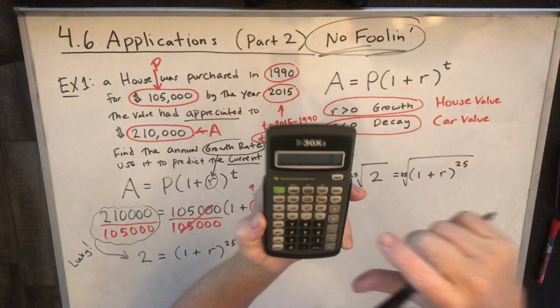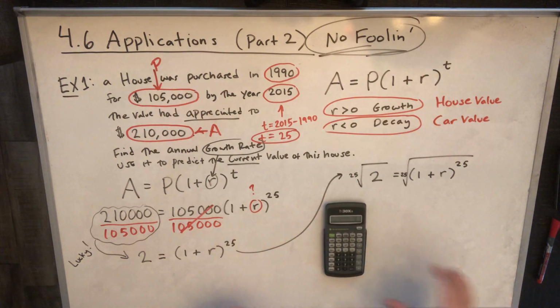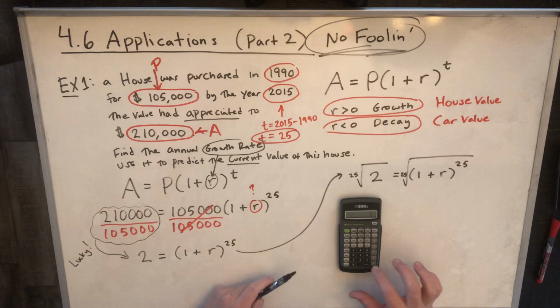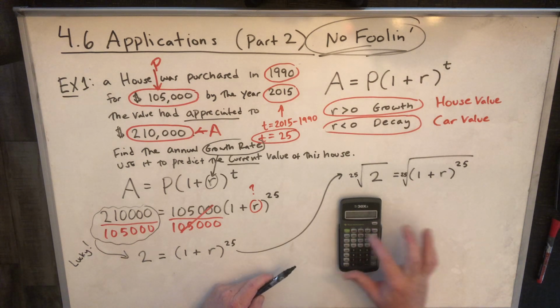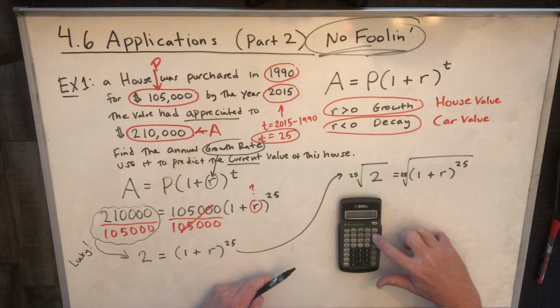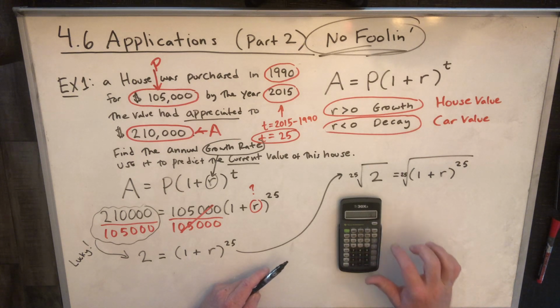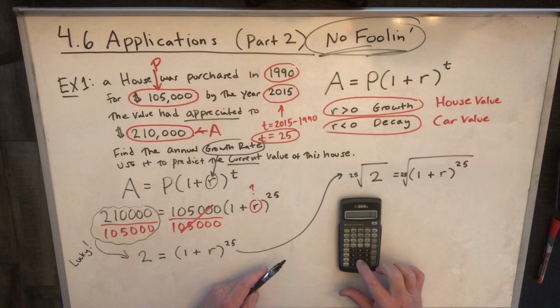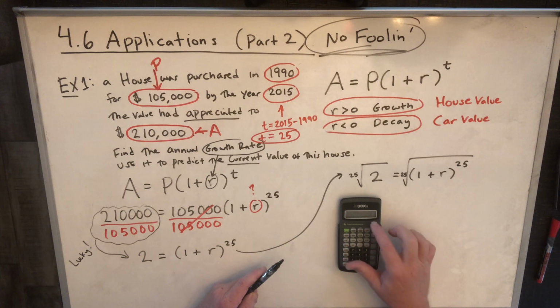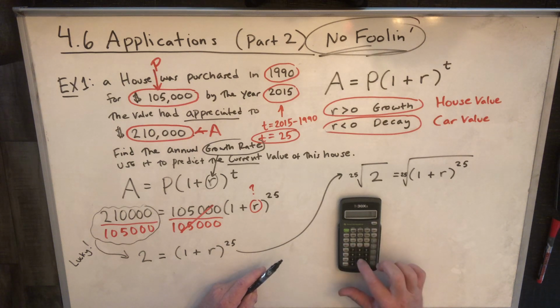It's a second function, so we're going to say 25, second function, then the 25th root of 2. Let's try that again. That's not right.